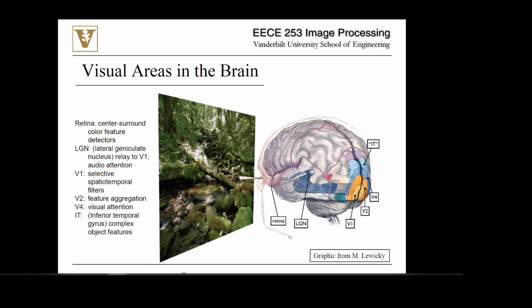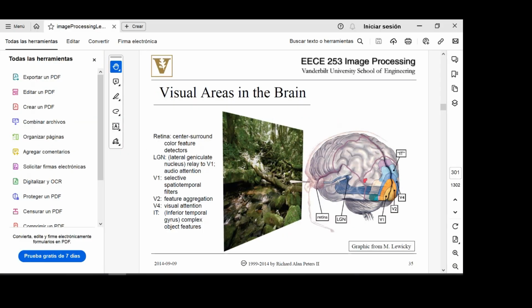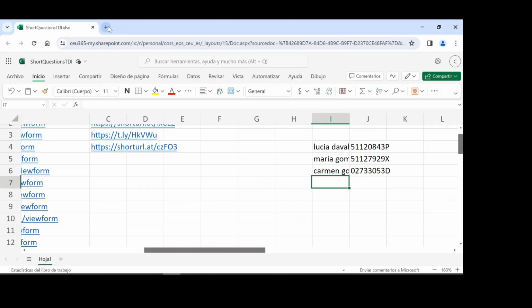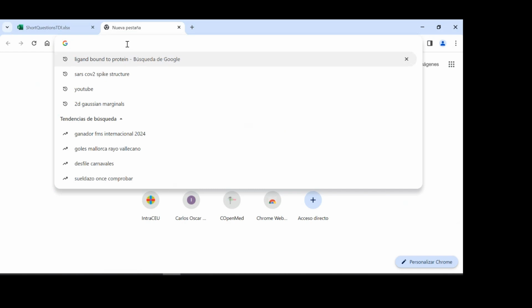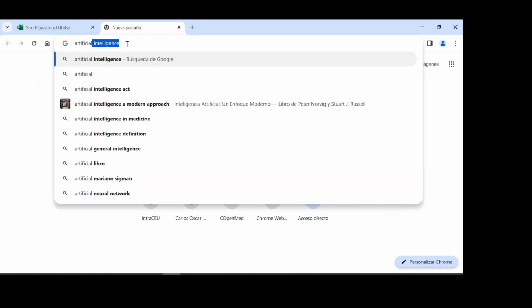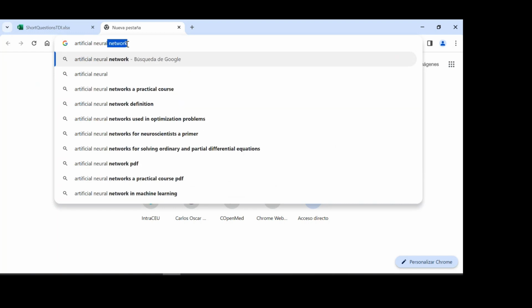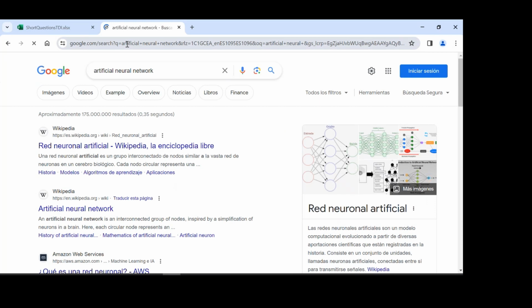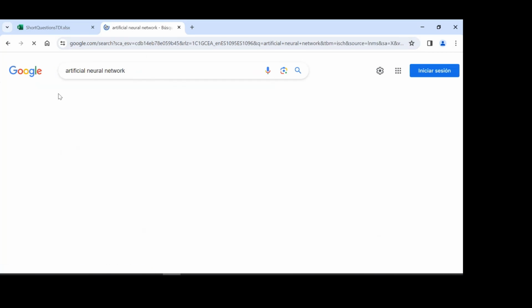And this makes a very nice connection. Have you heard of neural networks, deep learning? Anyway, all these artificial intelligences are just about neural networks.